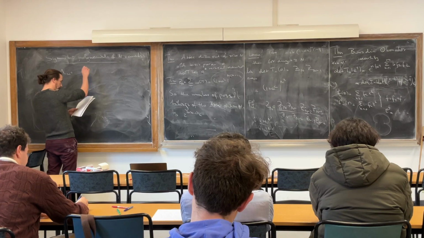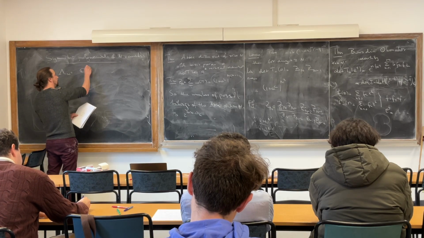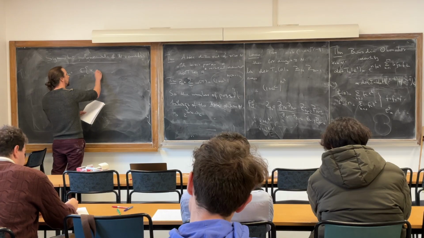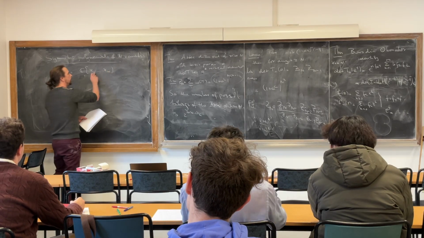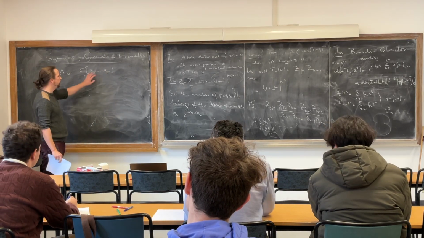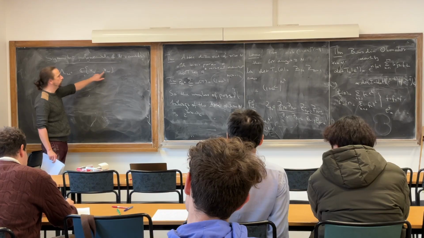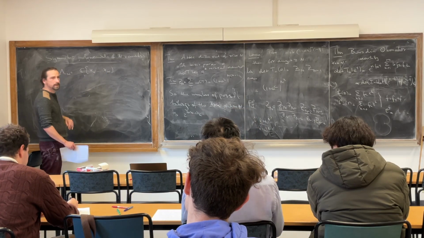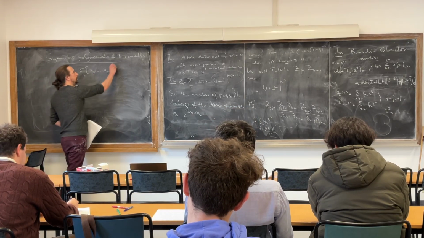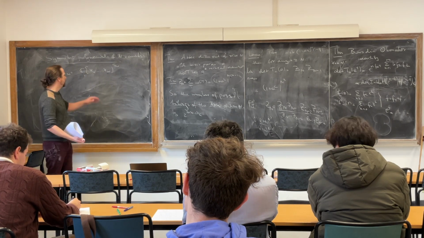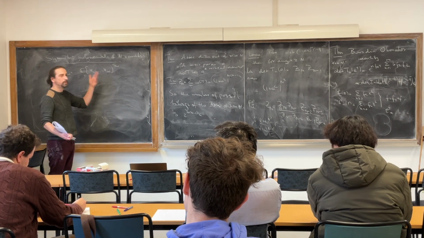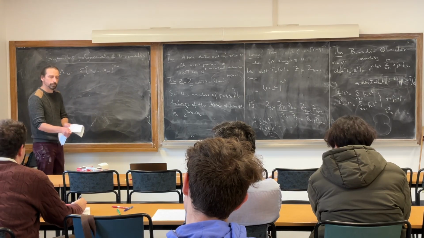This is the ring of polynomials in abstract commutative variables x1 to xn, and we just take polynomials in them over the complex numbers. And it has to be symmetric. So if I take a polynomial and I permute any of the variables, it gives the same answer.